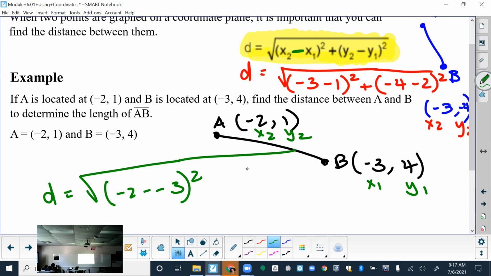Next, the formula says plus, parentheses, y2, which we said is 1, minus whatever y1 is, which is 4. Then I would put this in my calculator, typed exactly how it looks with the parentheses, with the squares, and everything all at once. When I put that into decimals, it gives me 3.16, and it repeats.